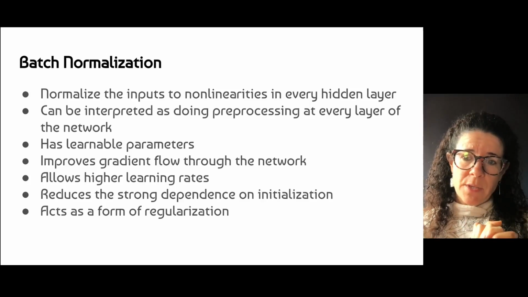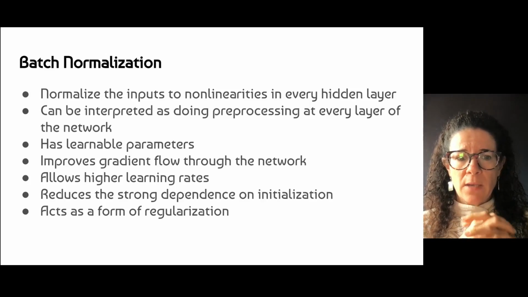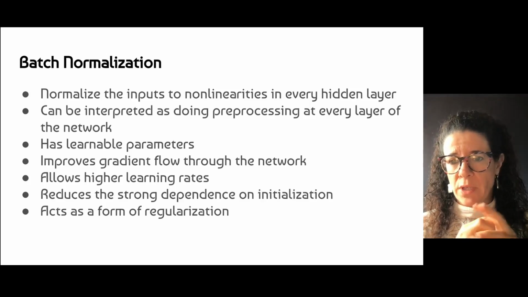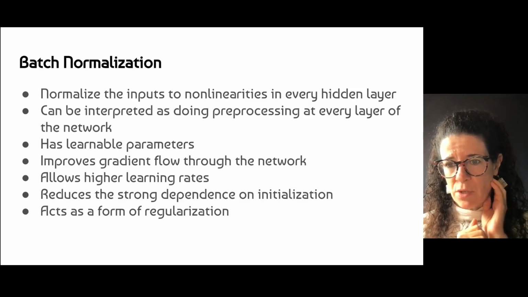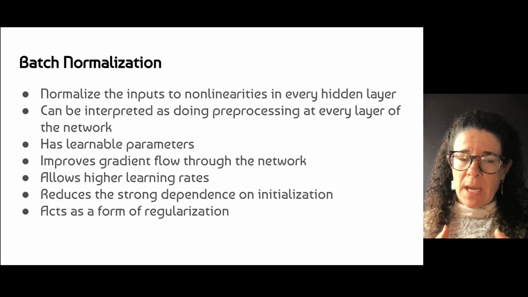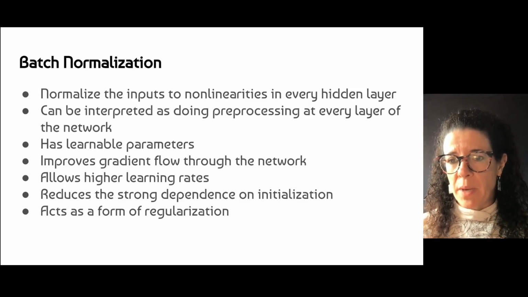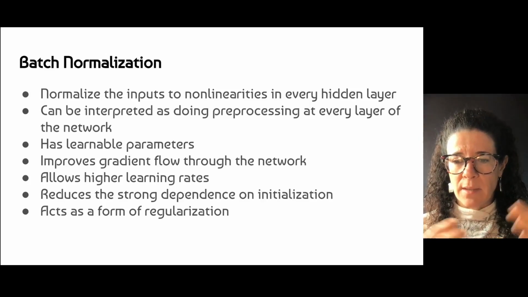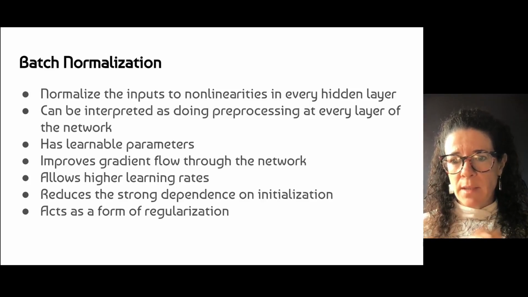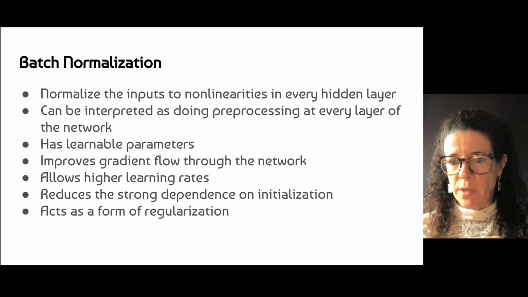It has some learnable parameters, so you have this shift and scale that you're learning. And it also reduces the strong dependencies on initialization. I'm about to talk about initialization as well. So basically, neural networks are difficult to train, and batch normalization is another one of these tricks that is used to make neural networks train better. So by normalizing the internal layers of the network, we are able to train this neural network better. So that's kind of the main point.